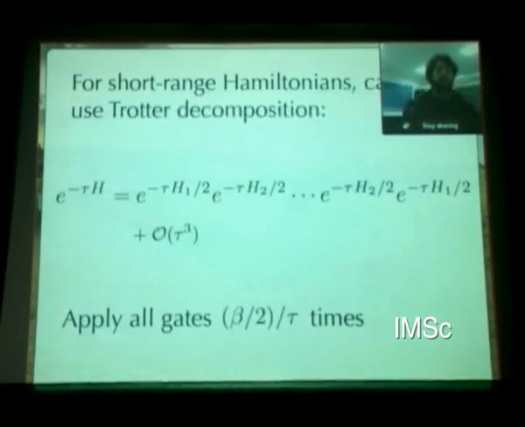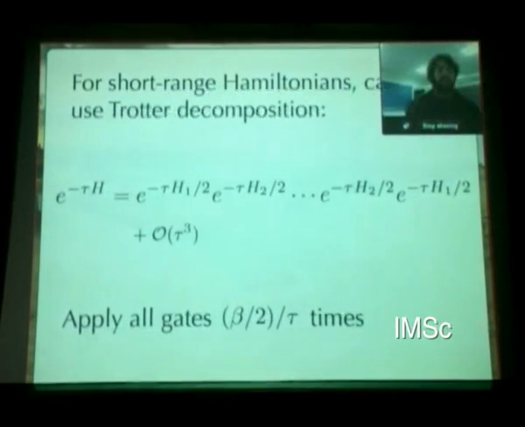Let's think of a Hamiltonian that you can write as a sum of operators. A simple example is a spin chain with nearest neighbor interactions. H1 would be S1 dot S2, connecting spin 1 to spin 2, H2 would be S2 dot S3, and H3 would be S3 dot S4. I'm thinking of nearest neighbor interactions.